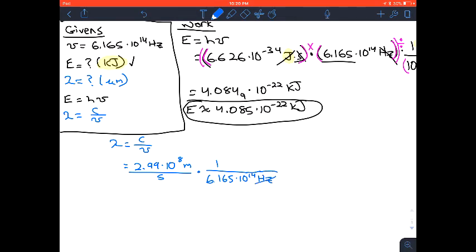We know that hertz and seconds, when they're multiplied in the same plane, they cancel each other out. And we need wavelength in micrometers in this case.